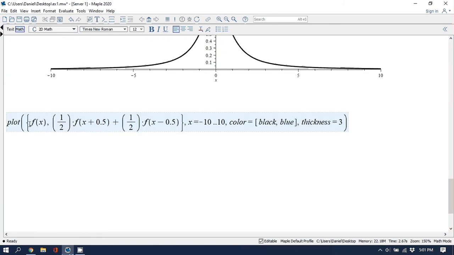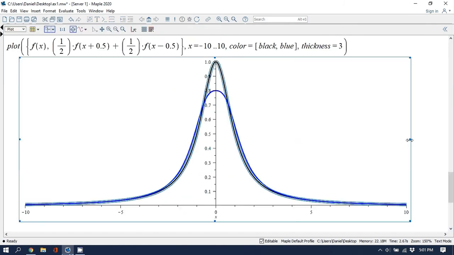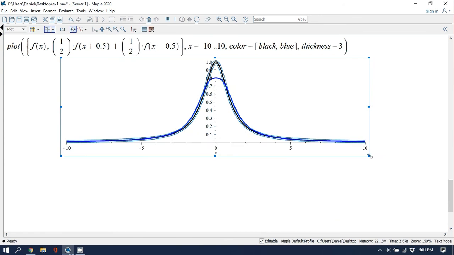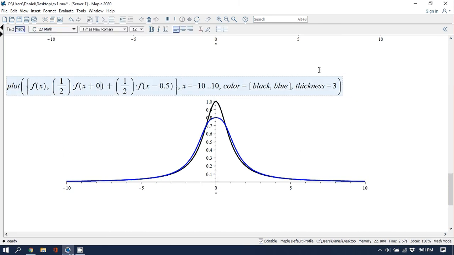Notice I'm going to sketch both the initial position of the wire and the position 0.5 seconds later. Let's make it smaller again. All right, so you can see already the wire dropping. The position later is going to be in blue. Let's see what happens 1 second later.